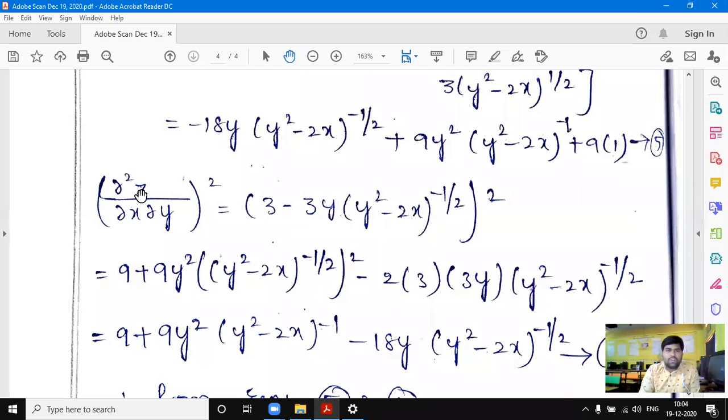Yes or no? So ∂²z/∂x∂y is equal to (3 − 3y)(y² − 2x)^(−1/2). So here the square is there, so you have to write the square.